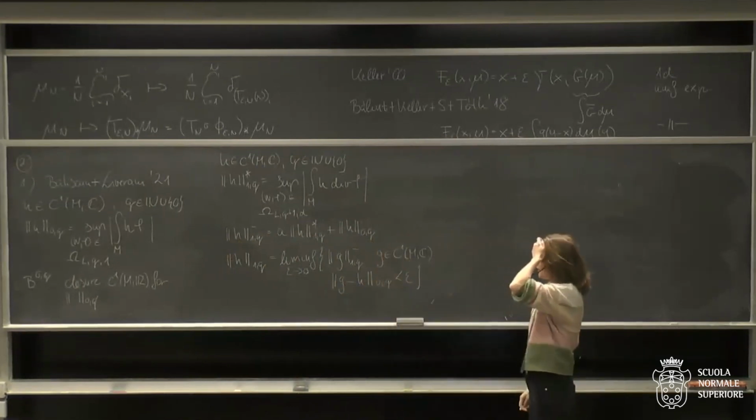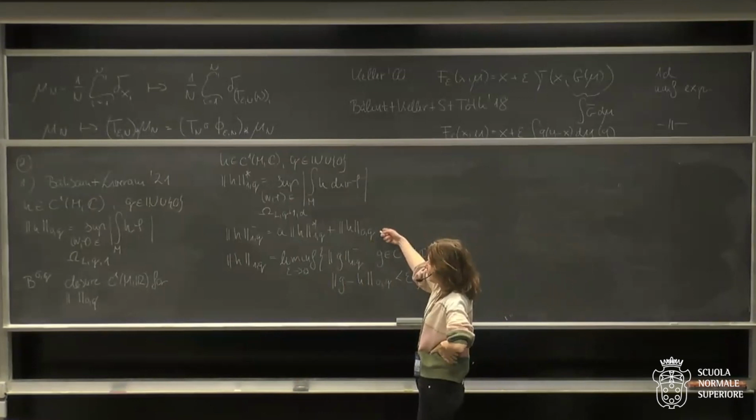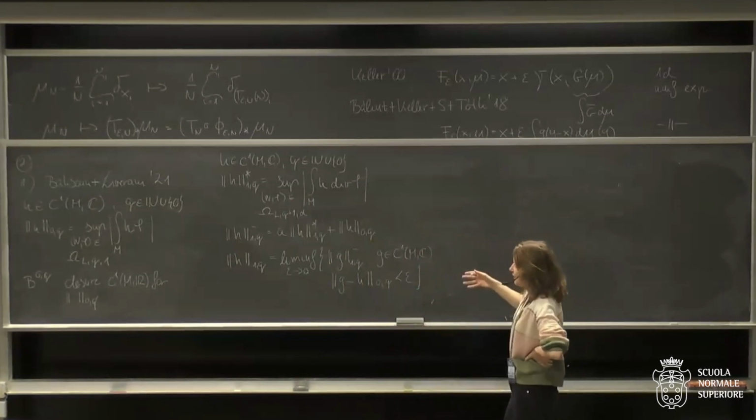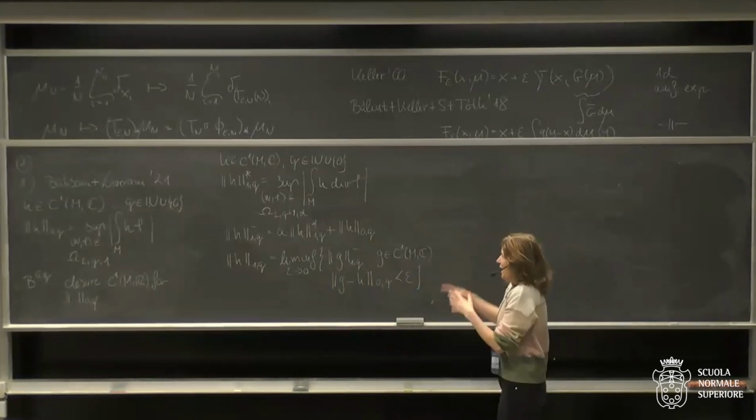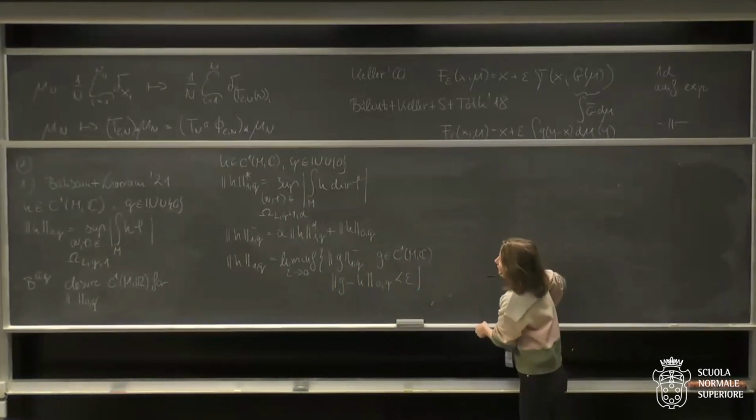This is a bit complicated, but we have to do this because if we would just close C1 with respect to this norm, we would get something more similar to the Sobolev space W^{1,1}. And with this construction, we get something that is similar to the BV space.